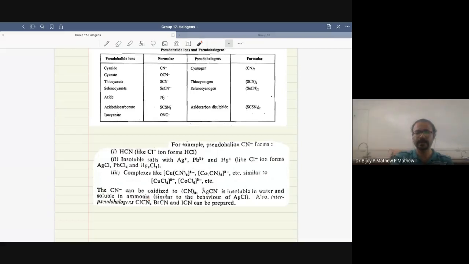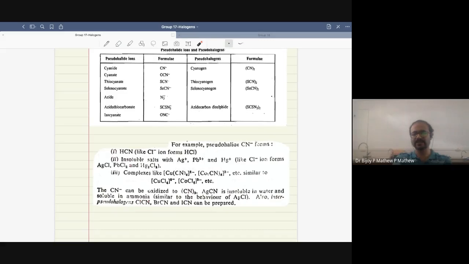Like we discussed in the last class on group 17, we talked about the interhalogen compounds. In the same way, there is a possibility of inter pseudo halogens. The pseudo halogens can combine with other halide ions to form inter pseudo halogens as well.